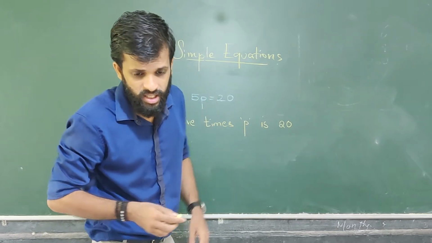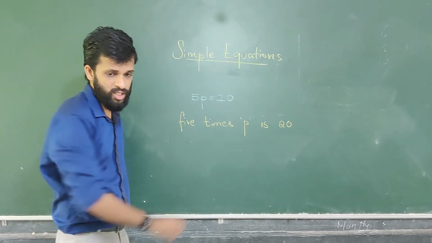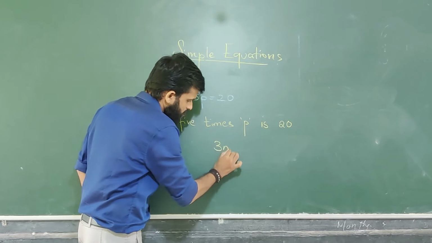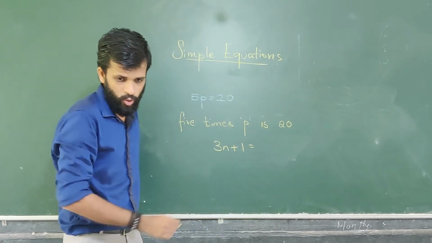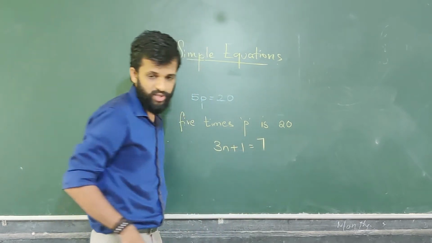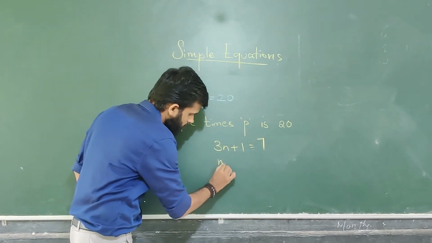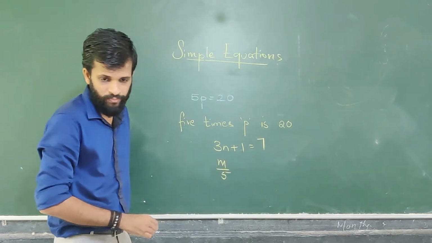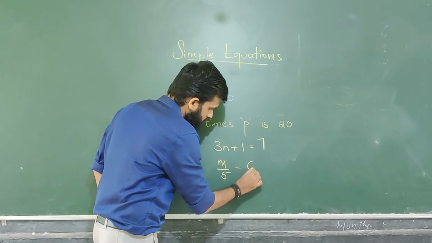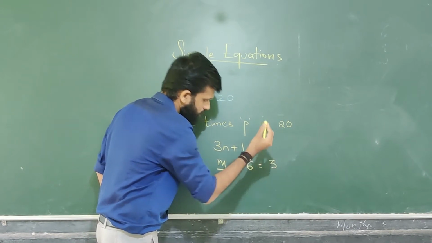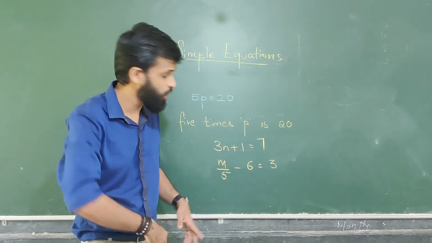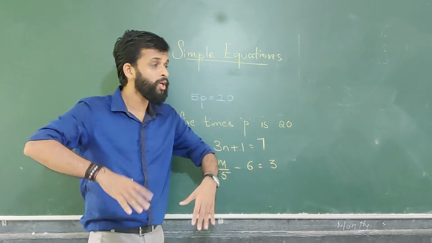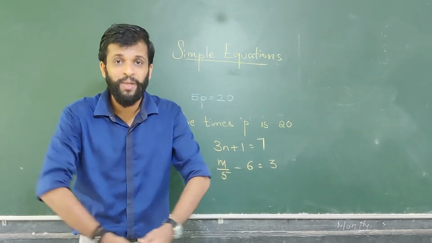You can try these for your practice: 3n plus 1 is equal to 7, and n upon 5 minus 6 is equal to 3. I have not given directly what is there in the textbook, so don't think that you will get the answer directly.